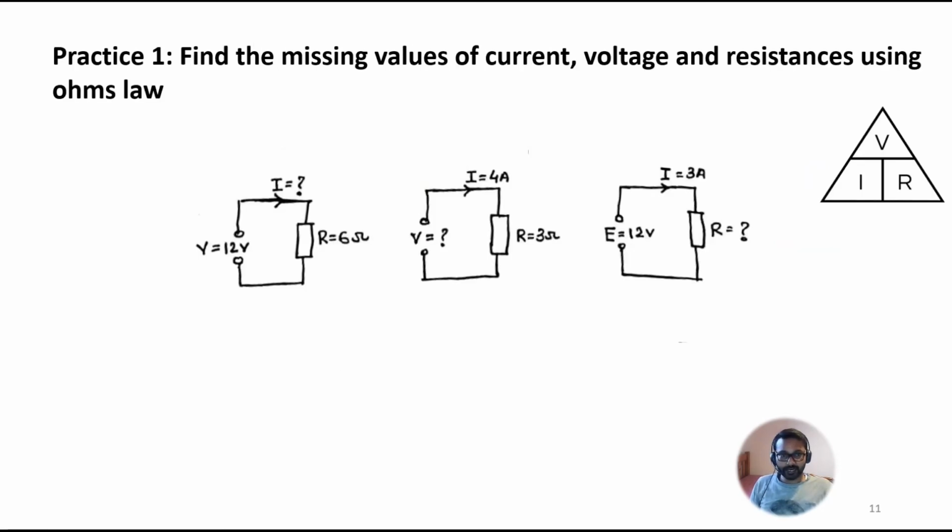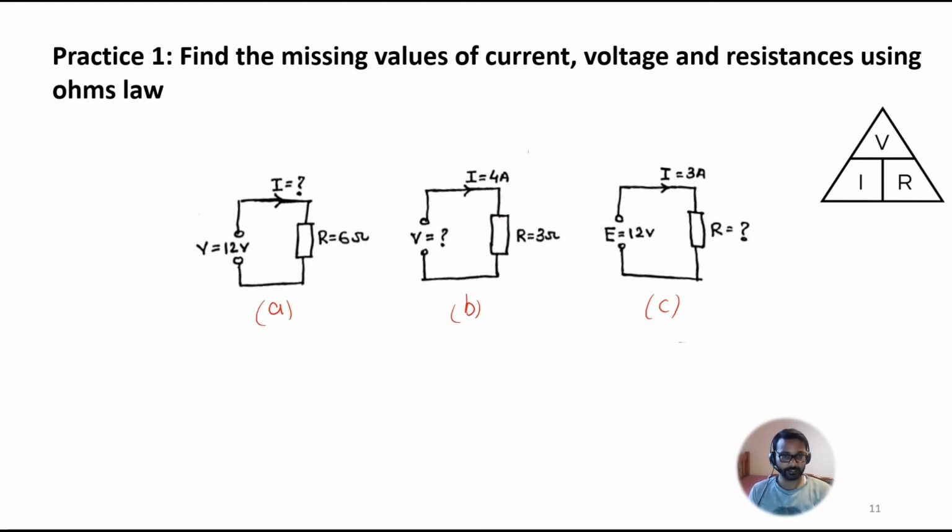Now, in this practice question, which we have taken in the class, or which you were required to solve, you have to find out the missing values of current, voltage, and resistances using Ohm's law. So you have three circuits over here: circuit A, B, and C. Again, we have to apply Ohm's law for calculating all of them.